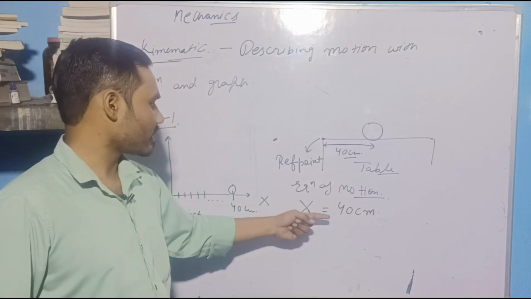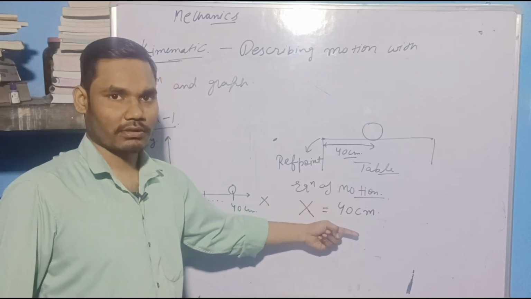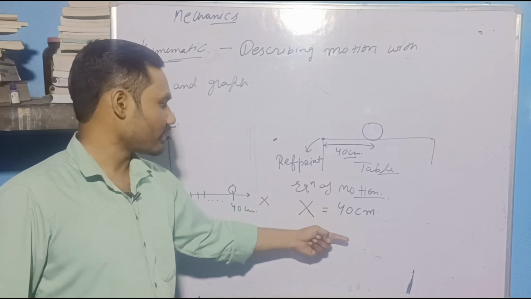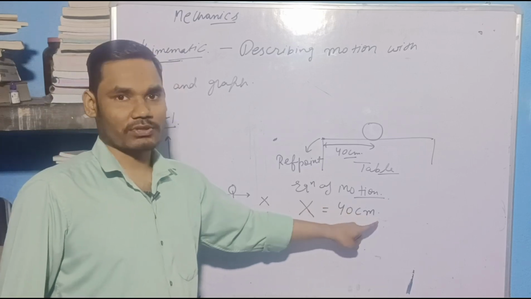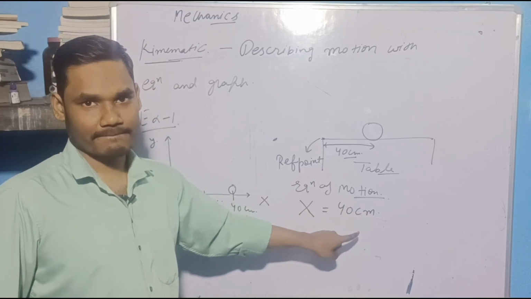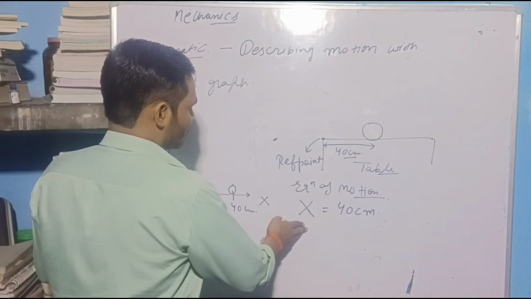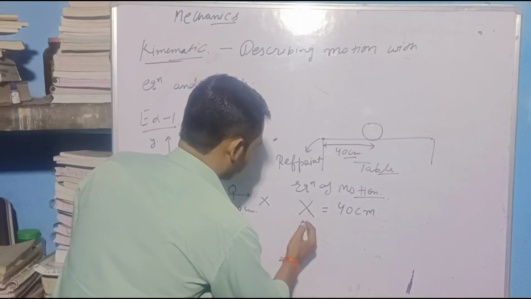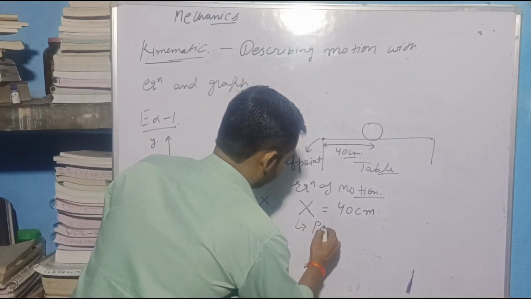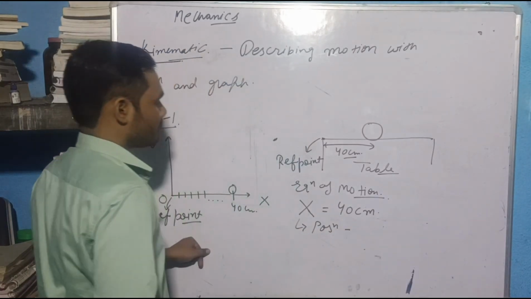After 2 or 3 seconds the position will not change. If it had to change, then there must be some t terms here. So this position doesn't depend upon time. This is your position.